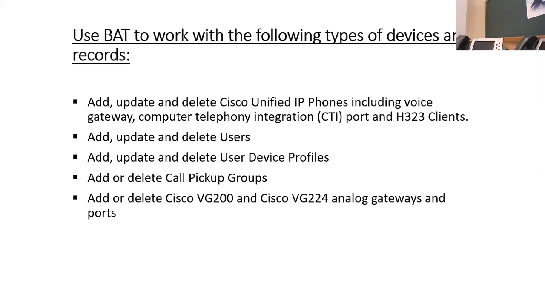You can add, update, or delete users as well. You can add, update, or delete user device profiles, add or delete call pickup groups, add or delete Cisco Voice Gateway 200 and Voice Gateway 224, analog gateways, and ports. Not only this, we have many features in BAT. These are just a few features which are described in this slide.